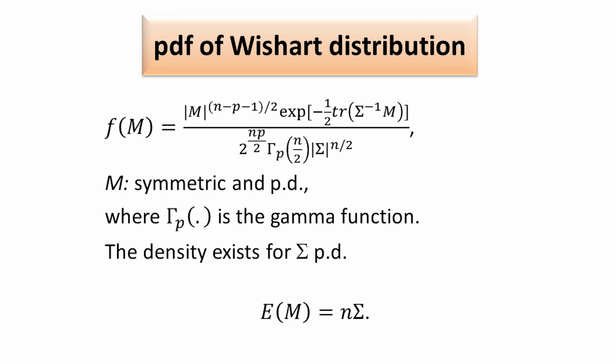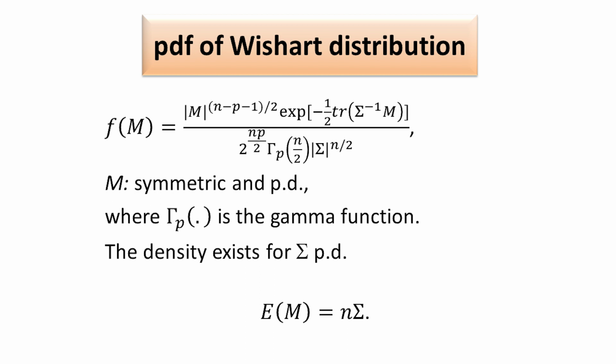The density function of the Wishart distribution exists provided sigma is positive definite. And as I have stated earlier, the Wishart matrix M should be symmetric and positive definite.